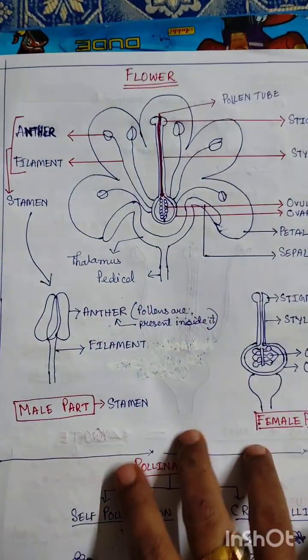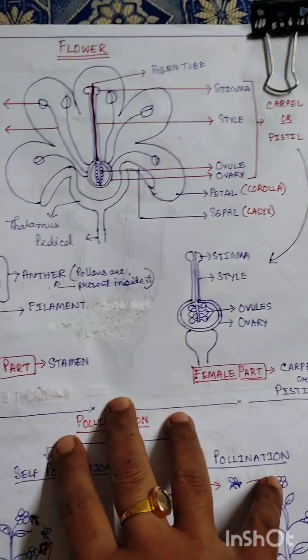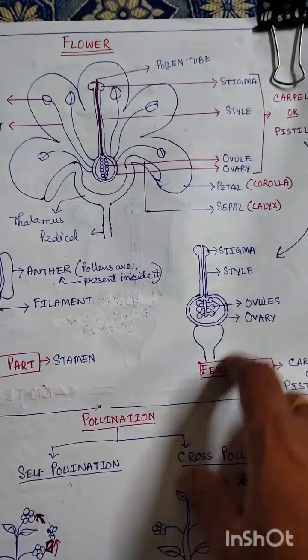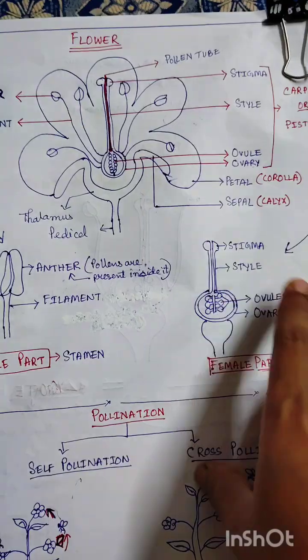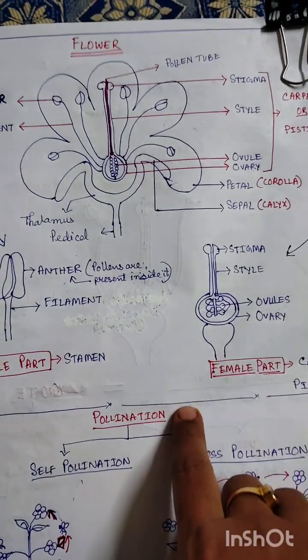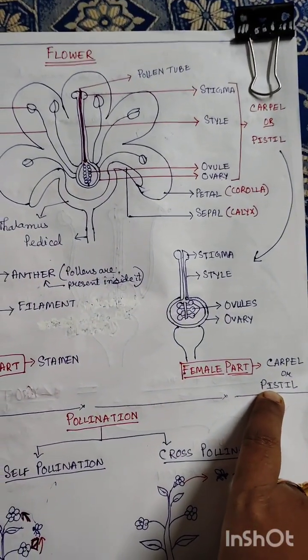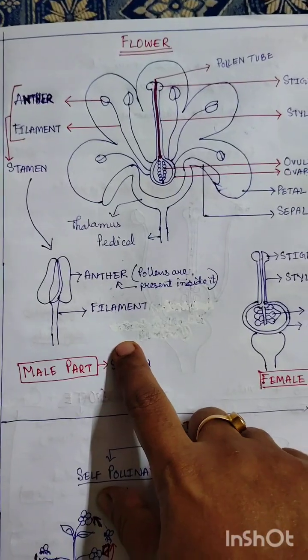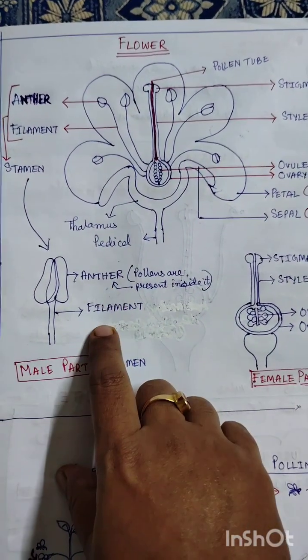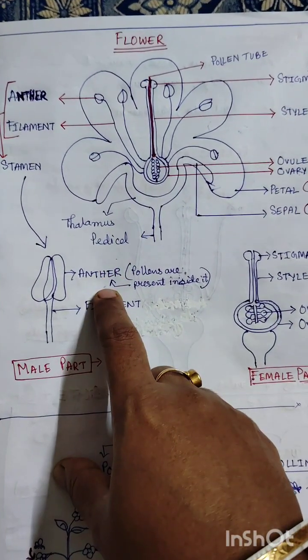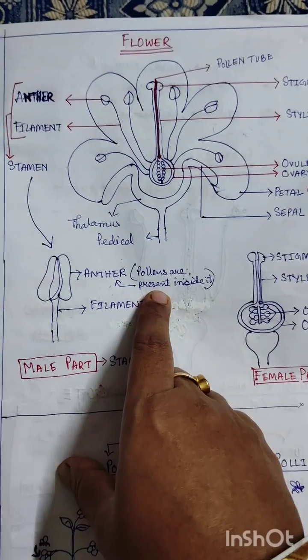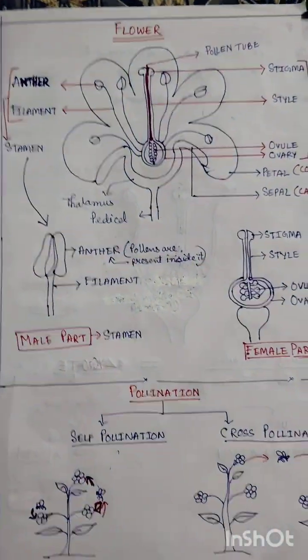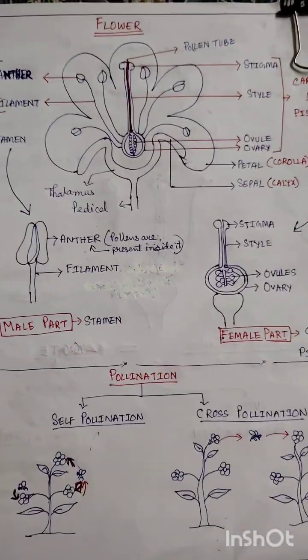Okay, up to this much I think you all have understood. The female part is the stigma, style, ovules and ovary. This is the female part of the flower, and the male part includes anther and filament. Inside the anther there are pollen grains. Up to this much I think you all understood.